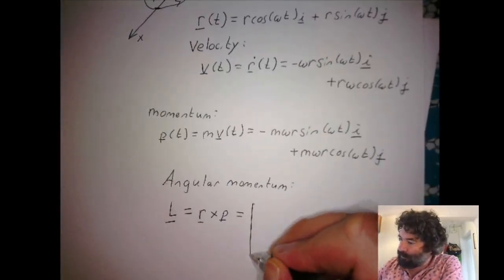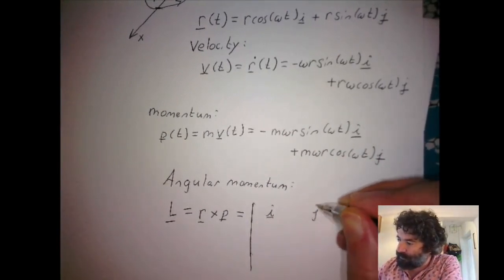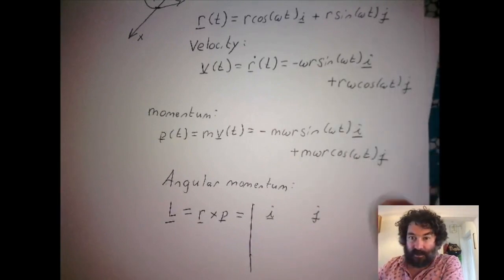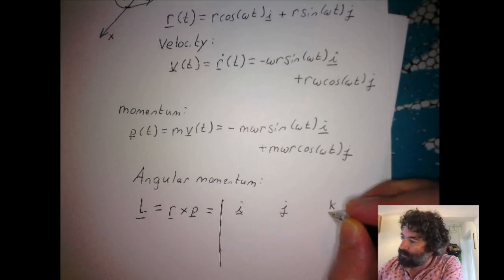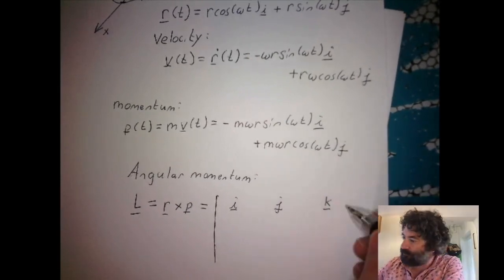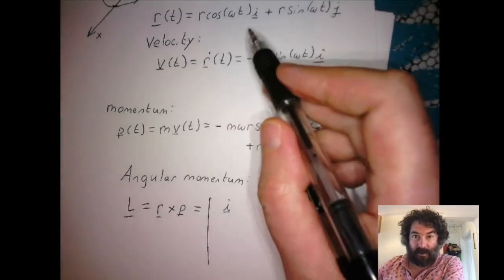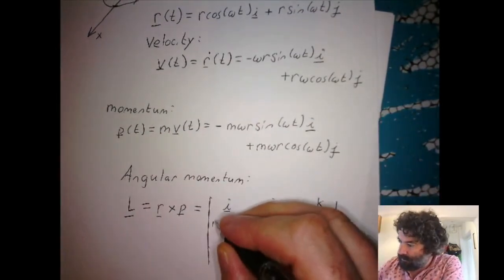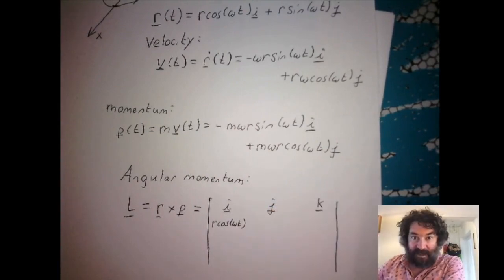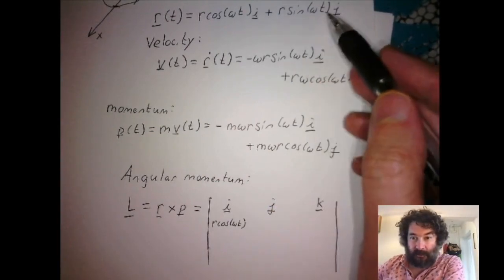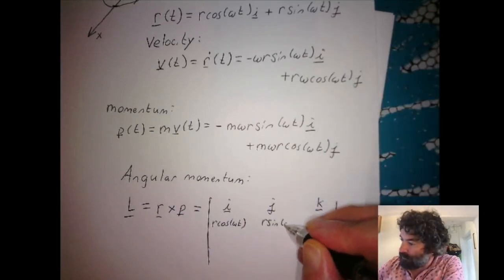Let's calculate the cross product using this determinant formulation, as I've done in the previous videos. I'm going to give myself lots of space in the columns because these components are a bit long. The i component of r is r cosine of omega t. The j component of the position vector is r sine of omega t.